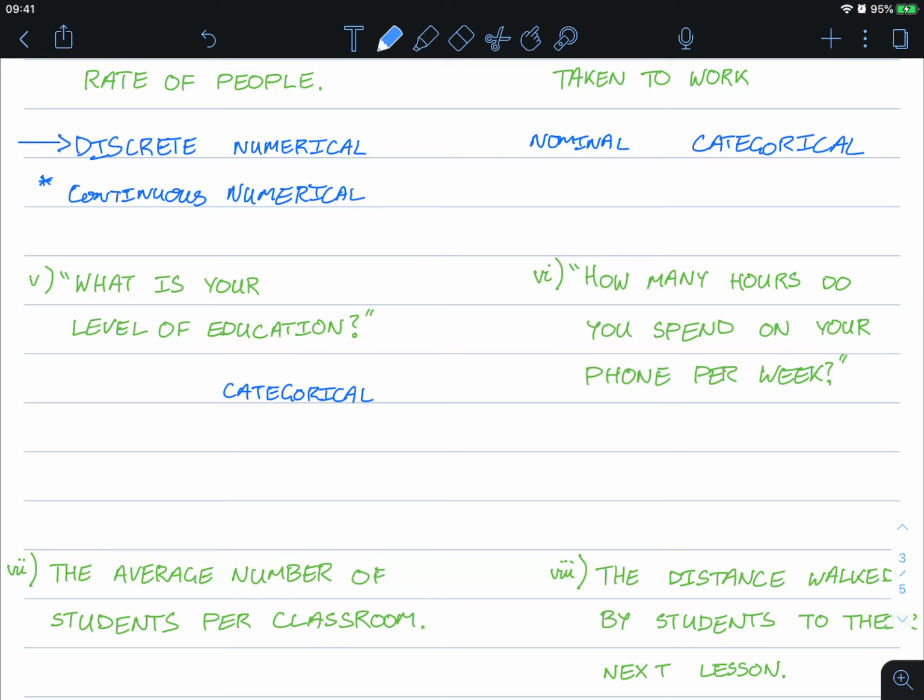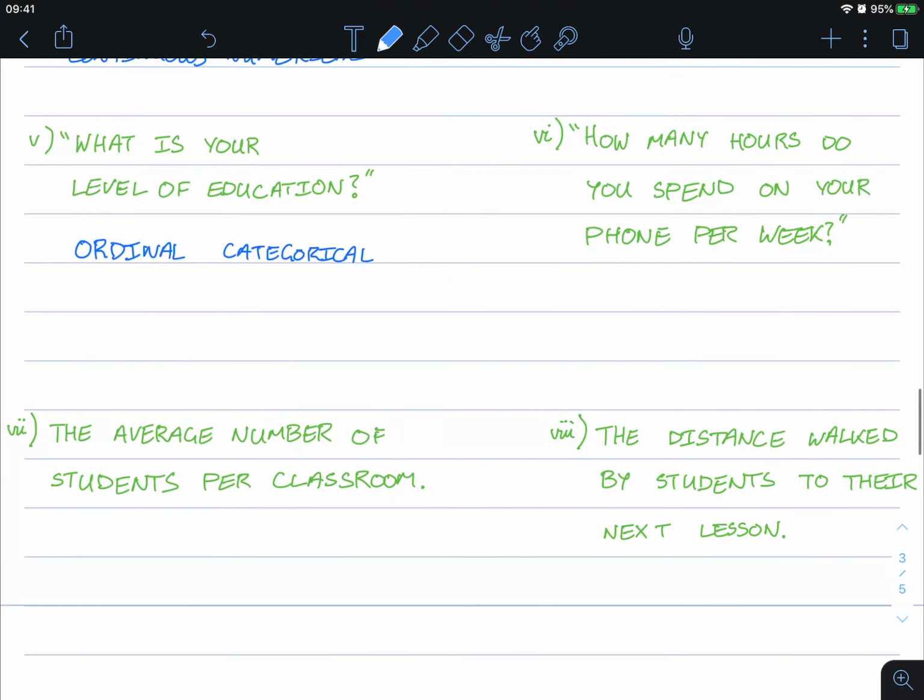So there's a definite order to education. So this must be ordinal categorical data.